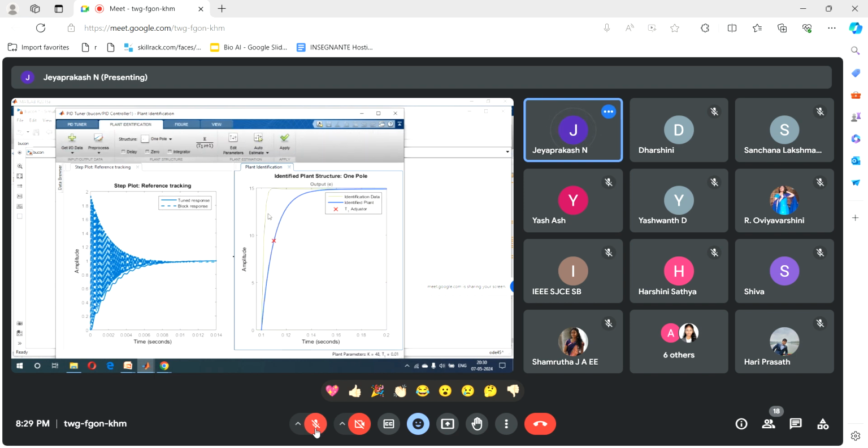Now, the green waveform indicates the actual output value, and the blue waveform indicates the modified one. You can change the blue line to get the response you want. I need a lower settling time, so I am changing it like this.